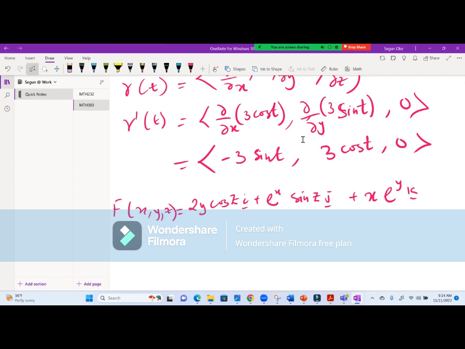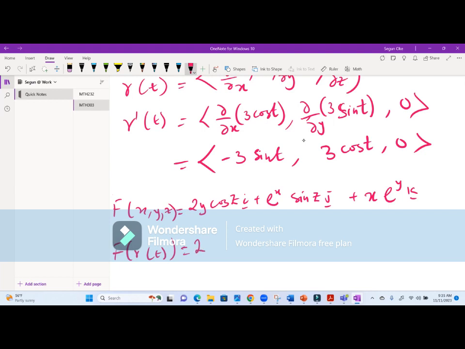So we substitute f of r, so it's going to be f of our r of t that we have already. All you need is just to substitute. We carry the f and then the r prime.